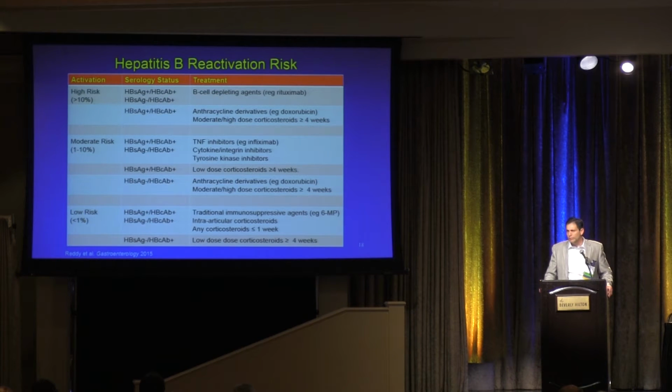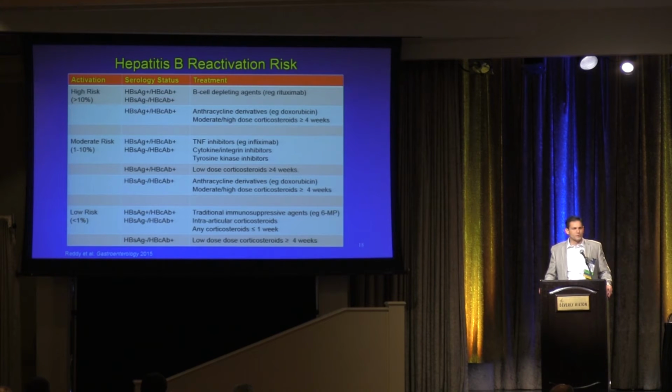What's a little alarming is that even patients who are surface antigen negative or core antibody positive, in the right setting, with chemotherapy, still may be at risk of reactivation and even potentially death. So we see a consult every 4 to 6 months of someone who received chemotherapy and is in a state of reactivation.